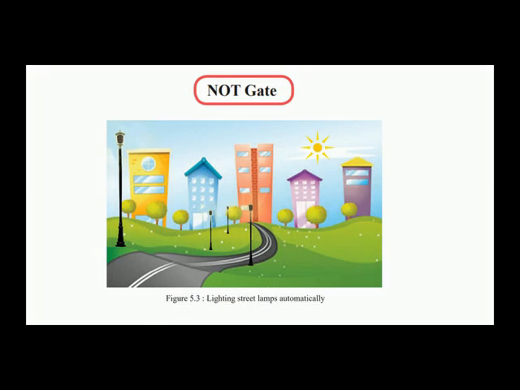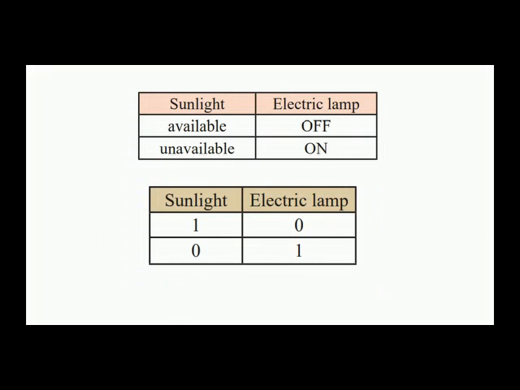This is the opposite, right? If the sunlight is available, the electric lamp is off. If the sunlight is unavailable, the electric lamp is on. This is an example for the NOT gate.